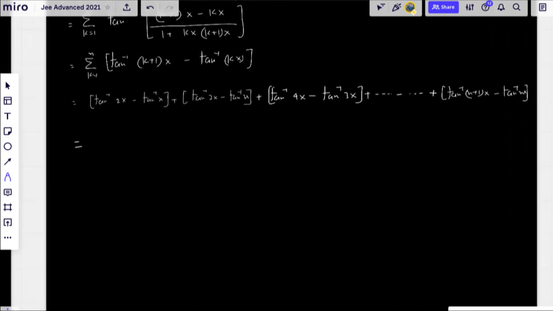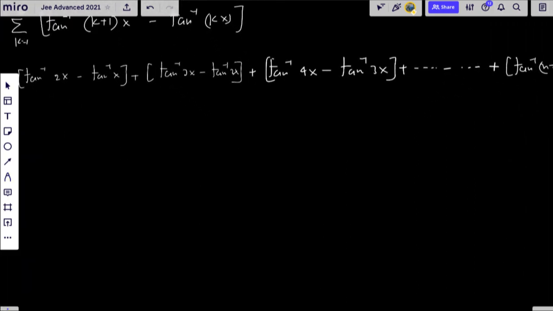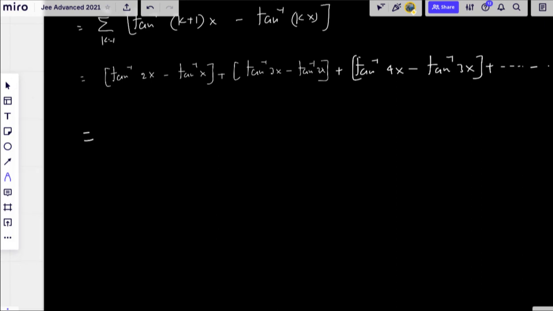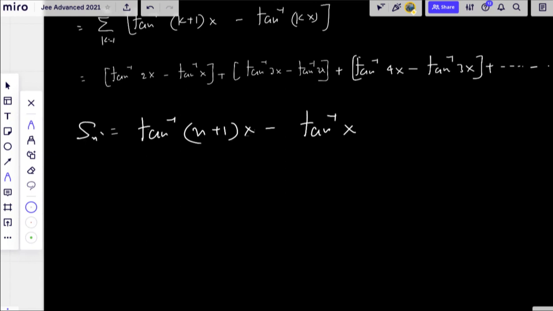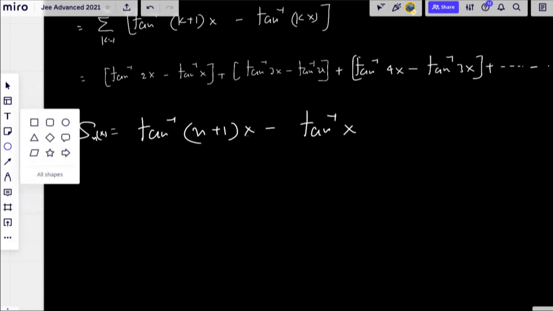So finally, what we will get here is equal to tan inverse (n+1)x minus tan inverse x, and that is Sn of x. You can say this will be Sn of x, and that's our final result.